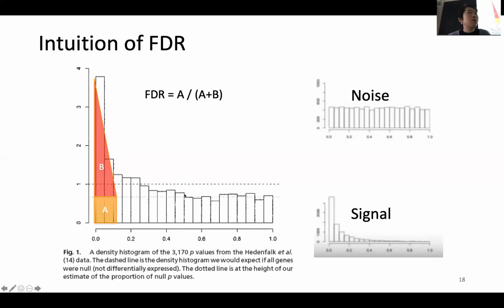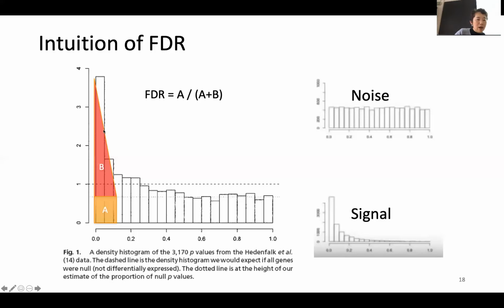So that's why, if you design a good statistical test, if you capture the correct distribution of your data and do the right statistical test, after you finish testing all of your genes, the p-value distribution should be pretty flat on the right side. And you can extrapolate that flat level to the left to estimate roughly how much is your noise.